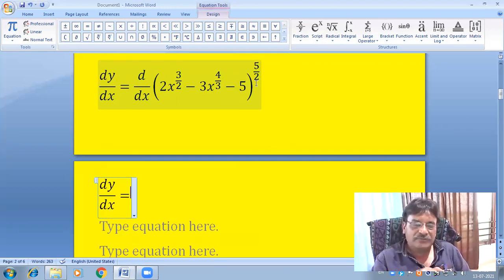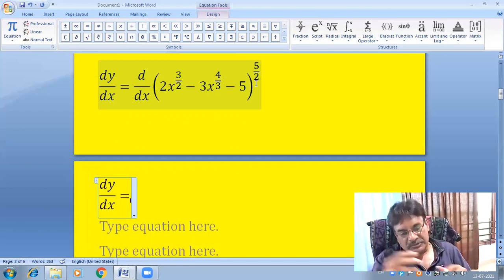So again here we use the formula d/dx of [f(x)]^n is n [f(x)]^(n-1) into f dash of x.